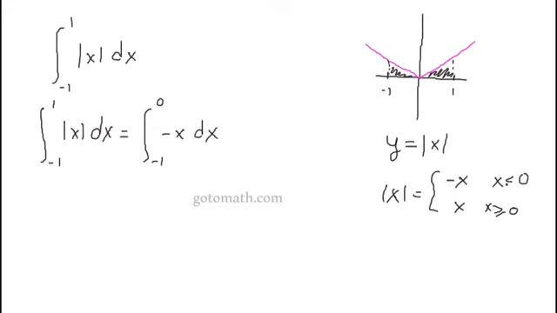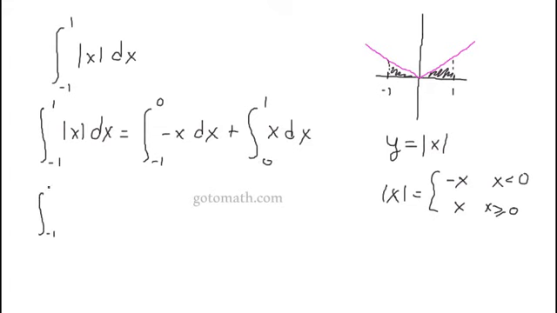That would be this top part of the piecewise function, plus the integral from 0 to 1 of x dx. We had to break up this absolute value function, and hopefully you understand why now. And then we just evaluate each one of these separately.